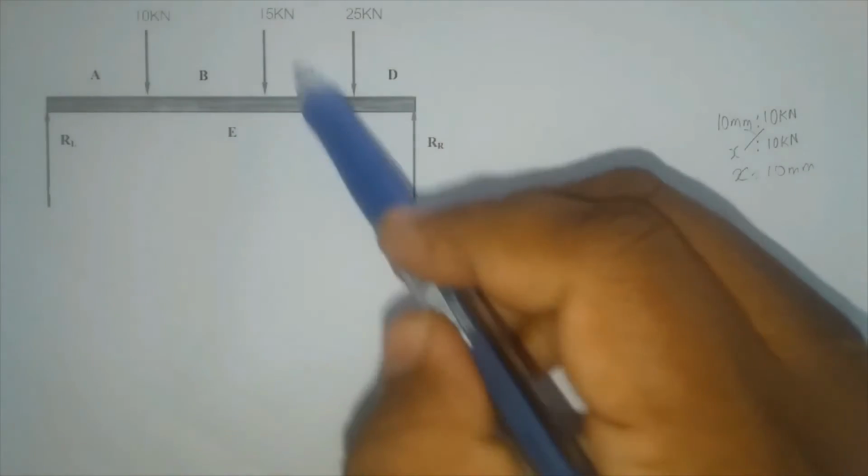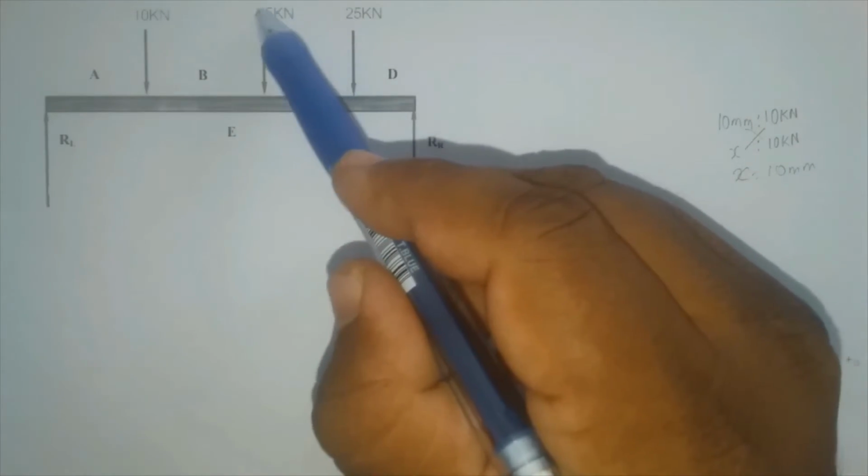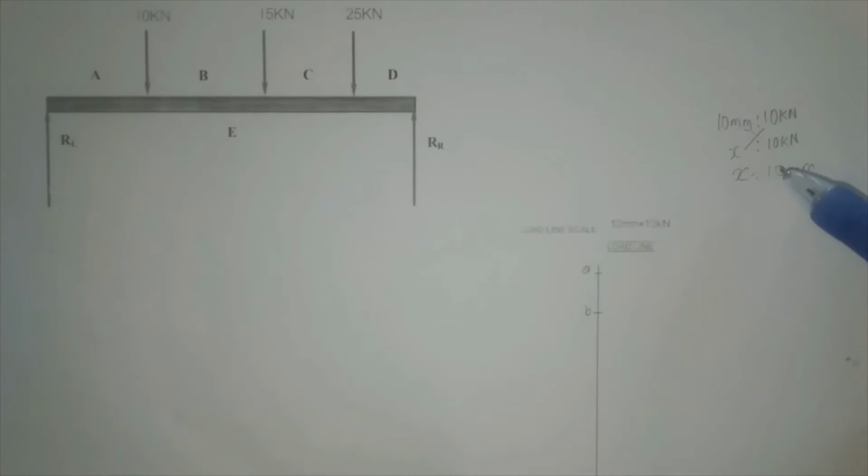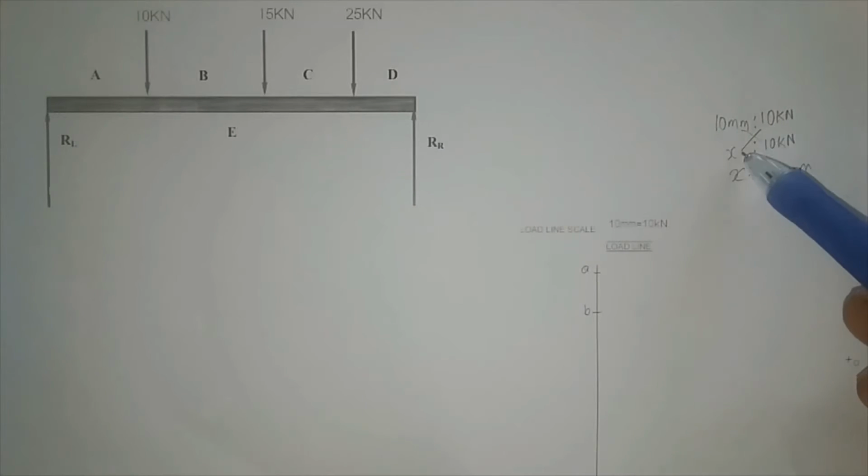Then from B to C is 15 kilonewton. I'll use the same scale, load line scale, 10 mm is to 10 kilonewton. Use 15 kilonewton in place of 10 kilonewton here and get the value of x. So the distance from B to C will come to 15 mm if you do a cross multiplication here.